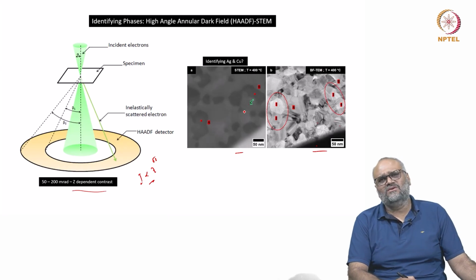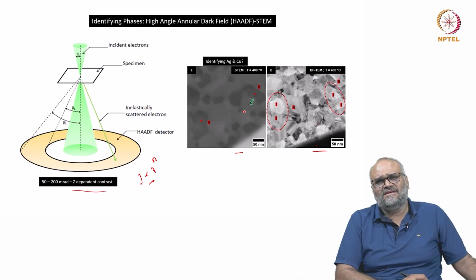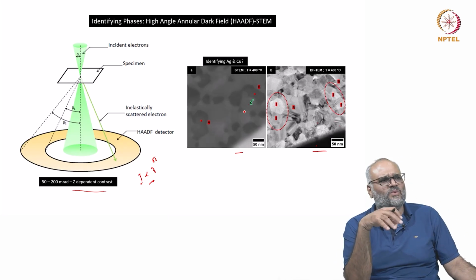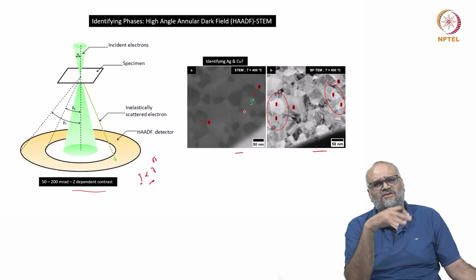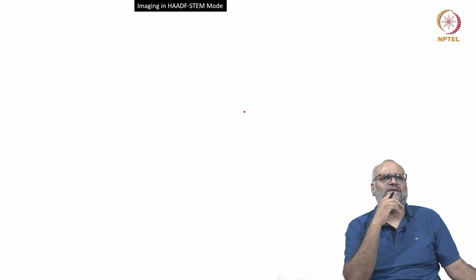So what you can do is you can heat the specimen inside the microscope while imaging, and by holding it at different temperatures you can obtain compositional maps and then see how the local composition is varying.